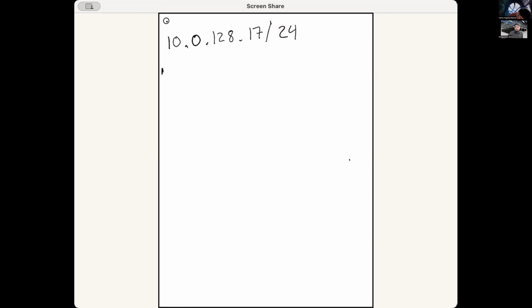So let's find the network ID. Let's find the first usable address. Let's find the last. And let's find the broadcast.